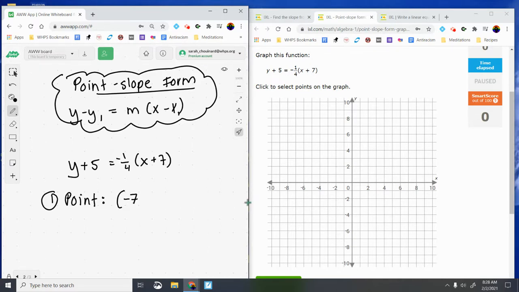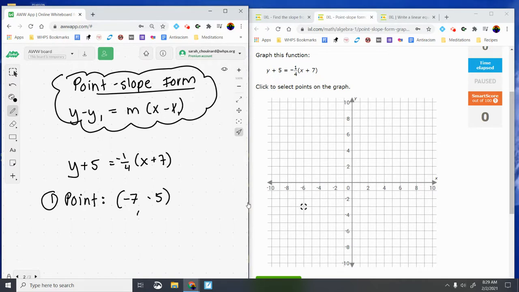The x coordinate was negative 7 because minus a negative made it plus. So we always do the opposite of what your brain thinks. So your brain sees positive 7, so the point is negative 7. And then the y coordinate says plus 5, so the y coordinate is negative 5.